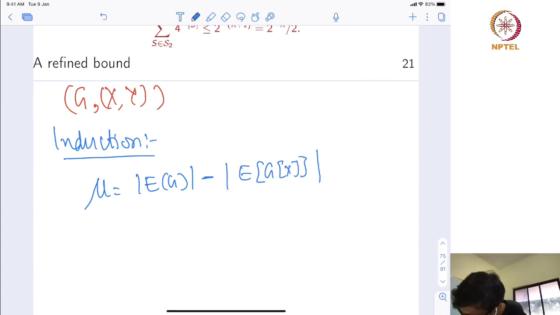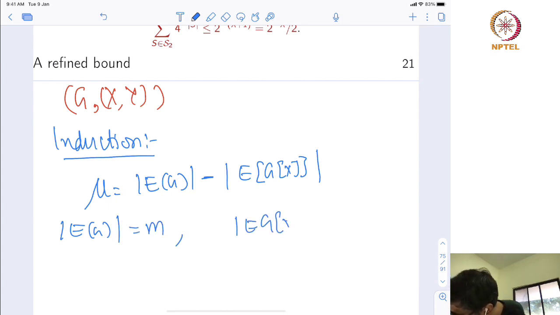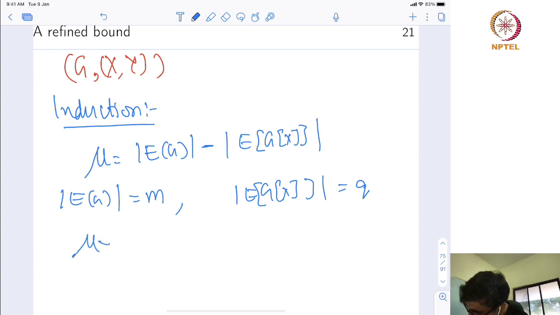Suppose I denote the number of edges by M and the number of edges in the graph induced on X to be, let's say, Q. Then my measure is going to be M minus Q.